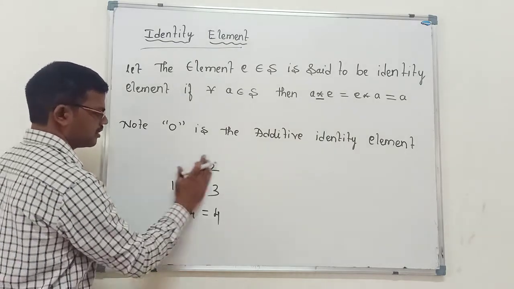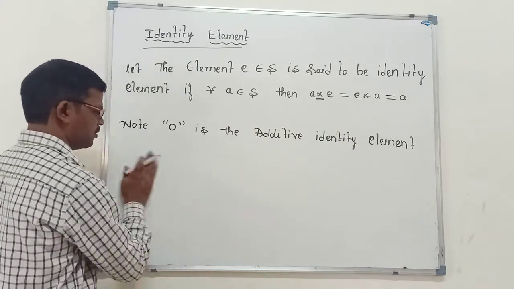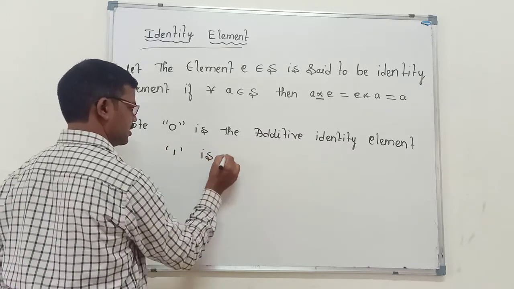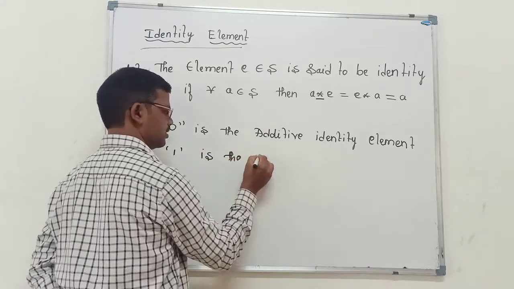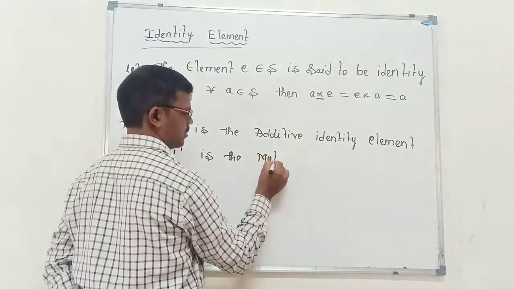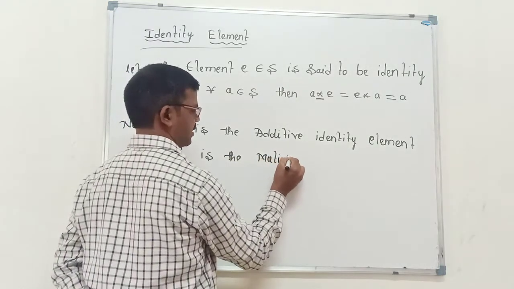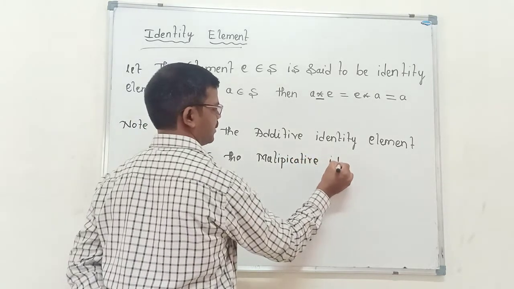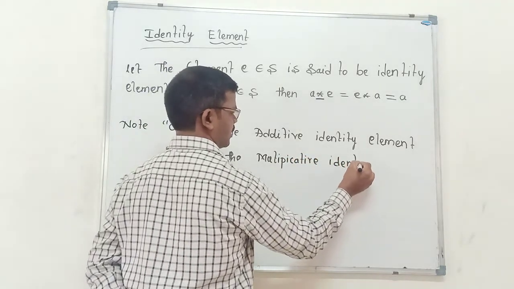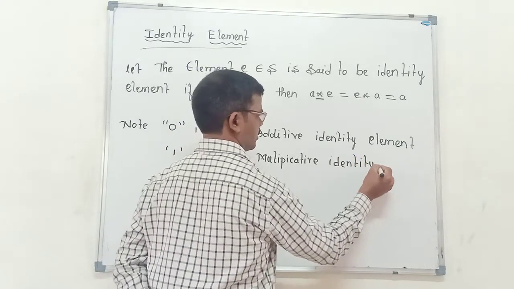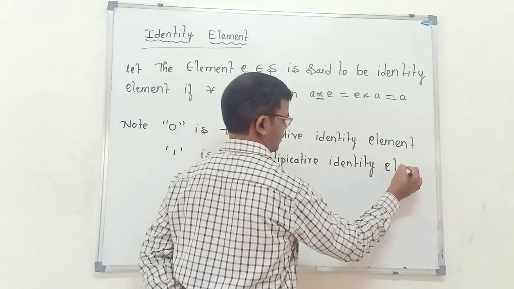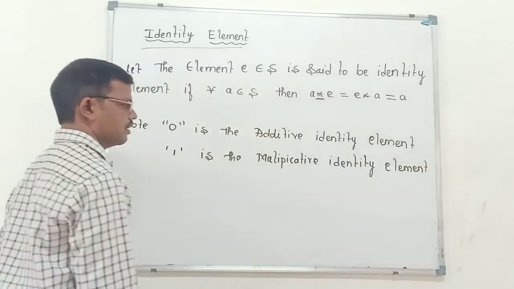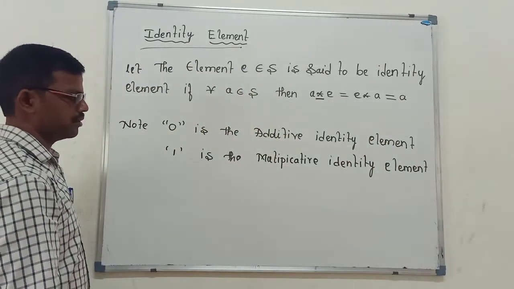So from here it is clarified that 1 is the multiplicative identity.